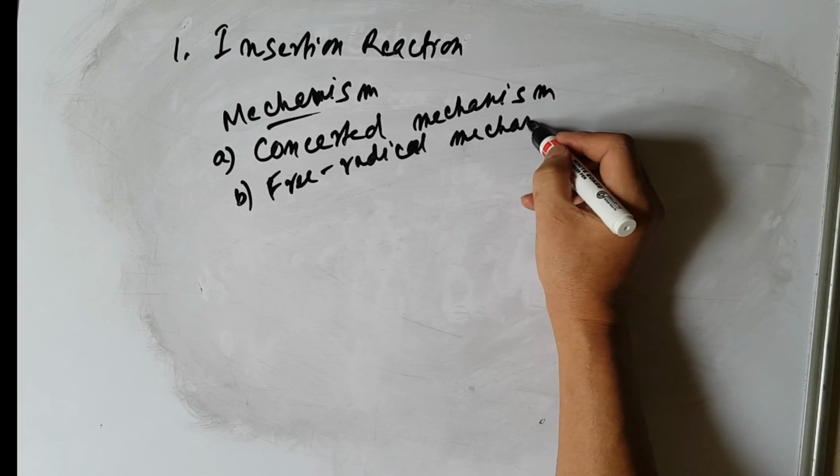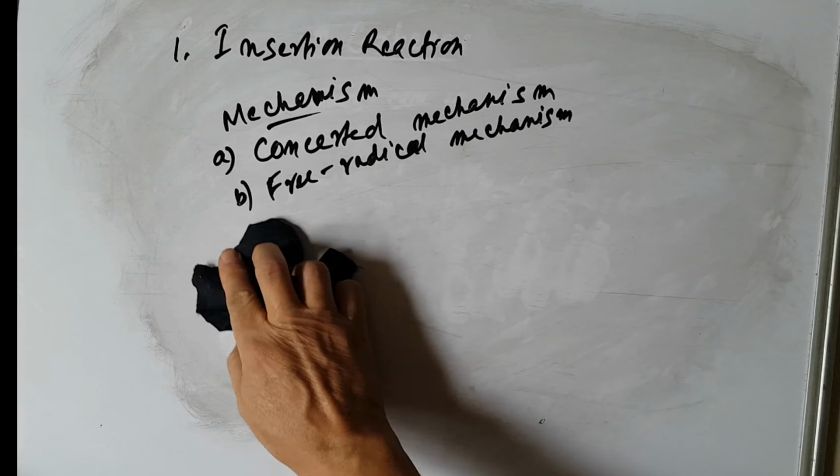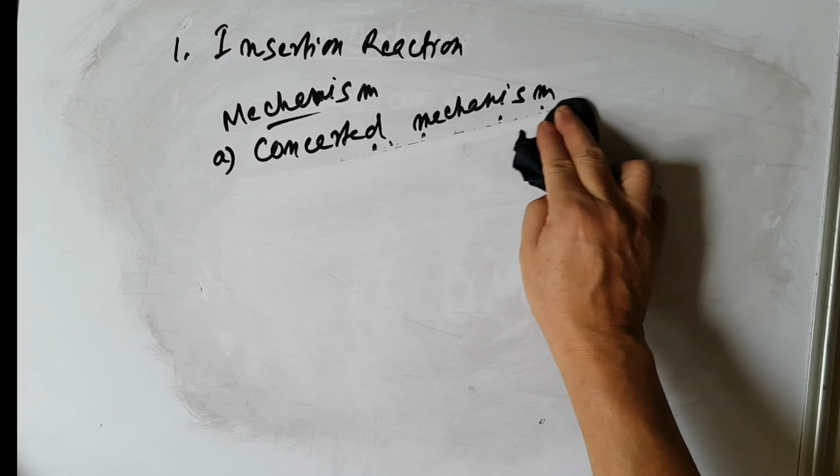So in the case of insertion reactions, carbenes can undergo two types of mechanism. The first one is concerted mechanism, and the second one is free radical mechanism. Now let's see the first type, concerted mechanism.